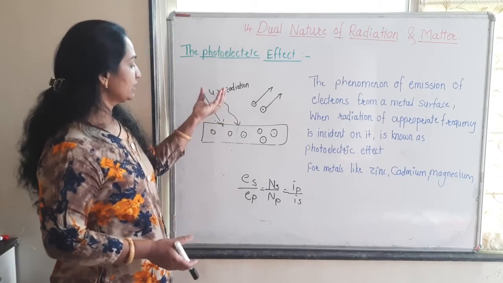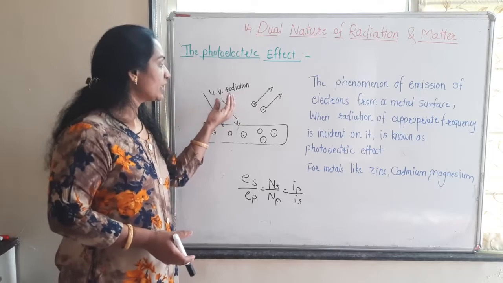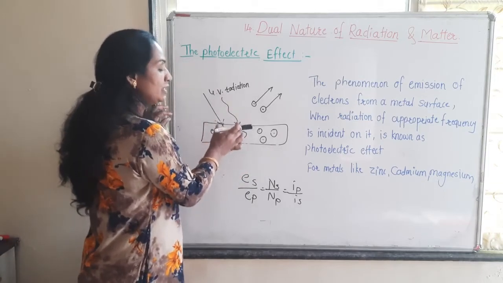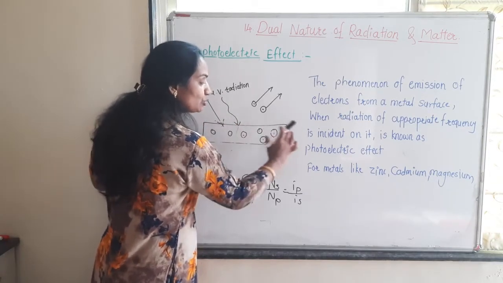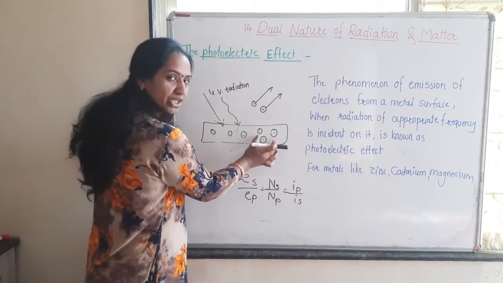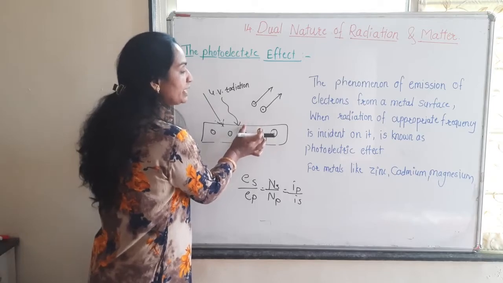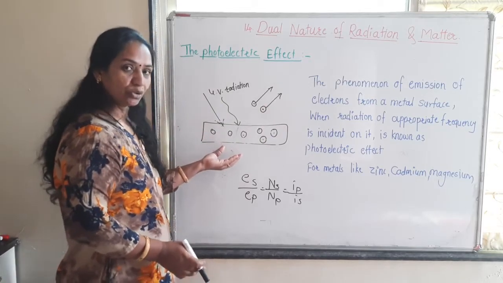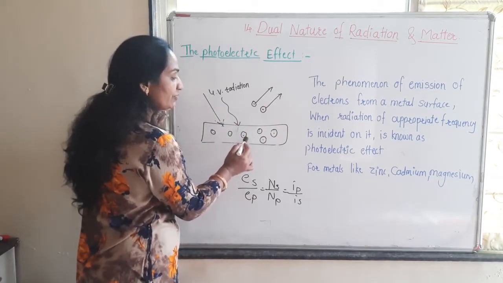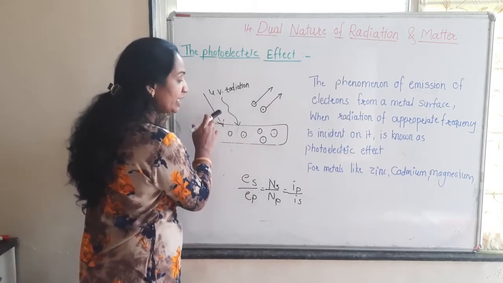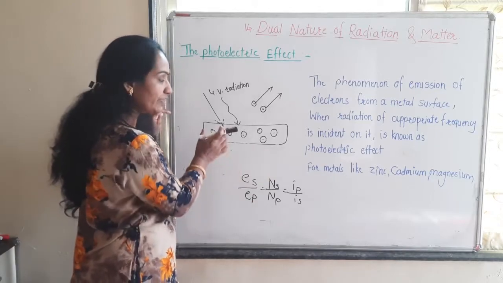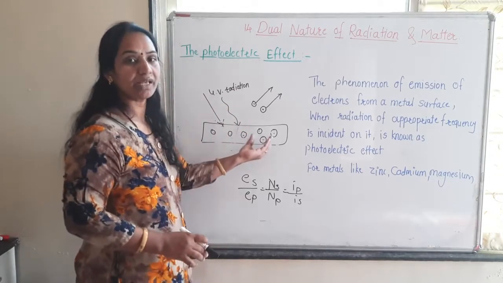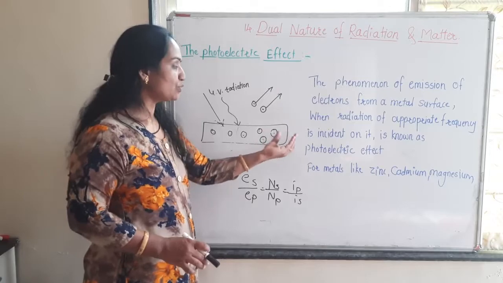He observed that when ultraviolet radiation is incident on the metal electrode, a high voltage spark passes through the electrodes, meaning electrons are emitted from the electrode. When electrons are emitted upon illumination by appropriate radiation, the surface is called a photosensitive surface.